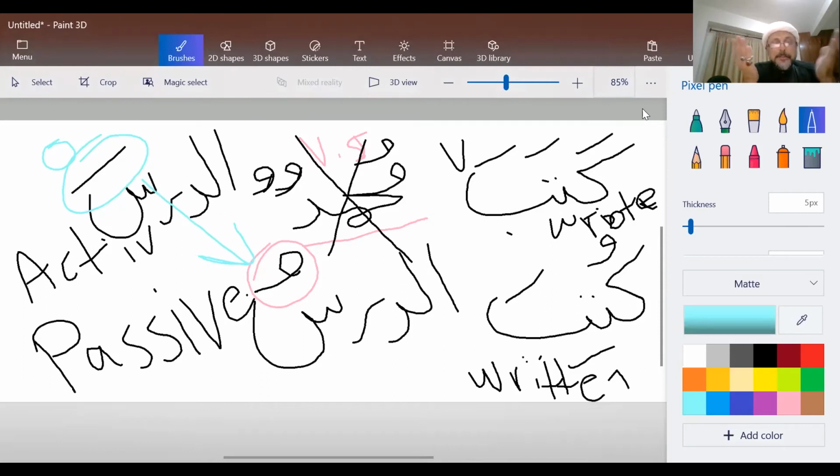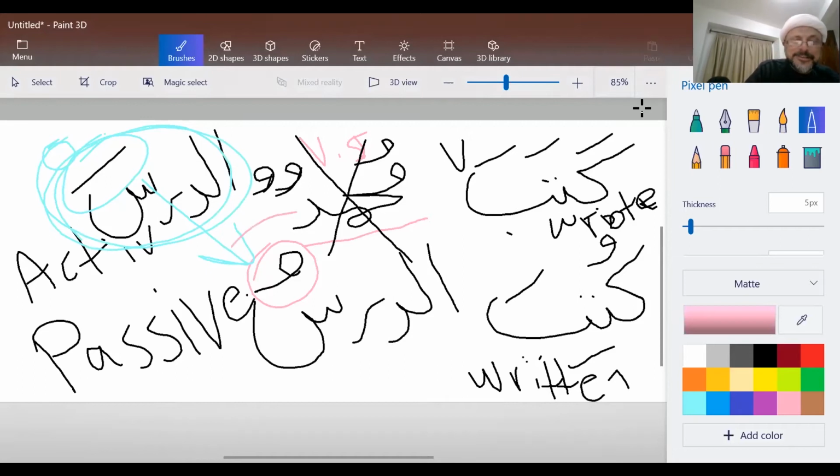Why? Because the sign of the object is from the blue group, mansubat. And now this guy has become from the pink group. How can I consider him maf'ul, object? He's not having the grammatical position of the blue group. This was from the blue group, remember?